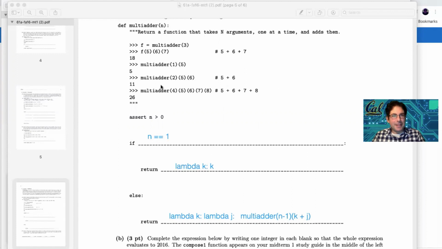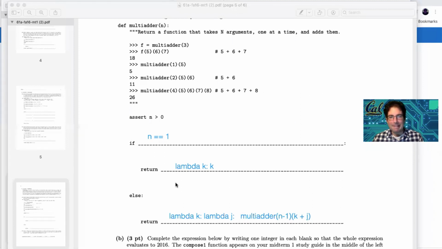So when we pass in 11 and 7 as the next version of k and j, then that will add 11 and 7 together to give us 18, which will be passed in as the argument to multiadder 1. Multiadder 1 will return a function that takes in 18 and returns 18, and so we'd end up with 18. So this isn't so much about programming mechanics as it is about understanding what these different components do.